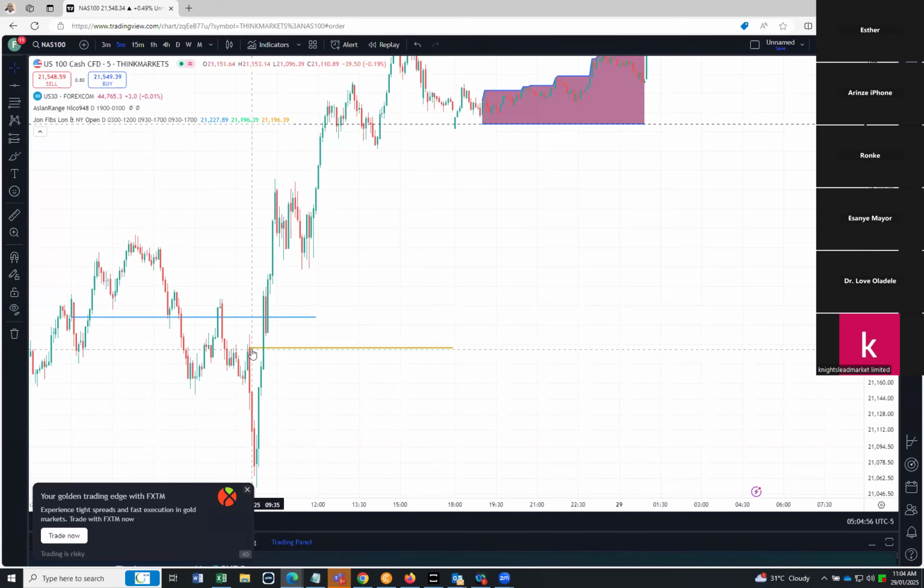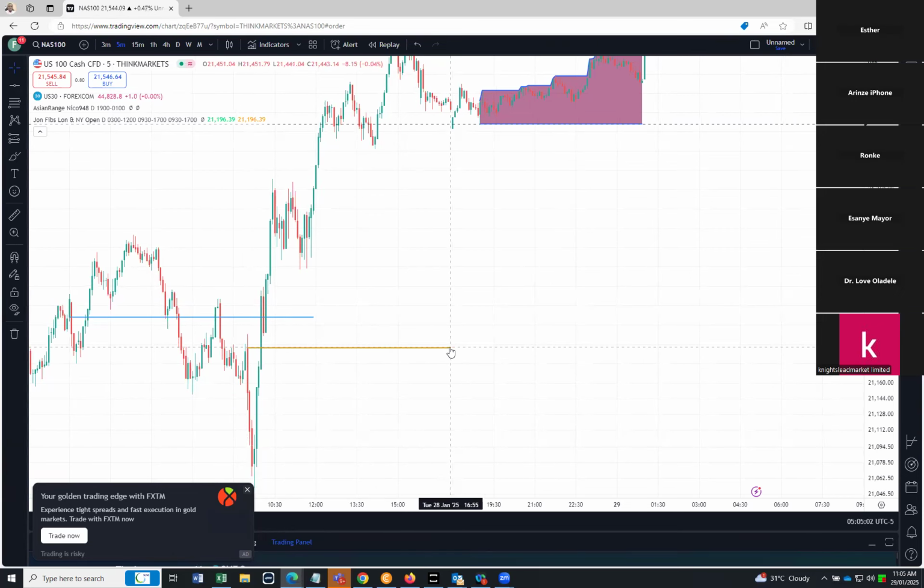Then the one below it is the one for New York. So this is where New York starts, and this is where New York ends. That's all there is to it. I think he just uses it for reference, but it doesn't affect our setting of our trades or anything.